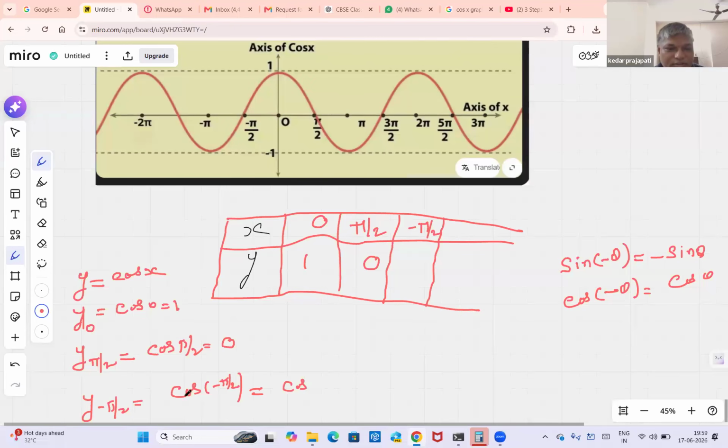So cos of minus pi by 2 is cos pi by 2, which is 0. So at minus pi by 2 also, y is 0. Now we can easily draw this graph.